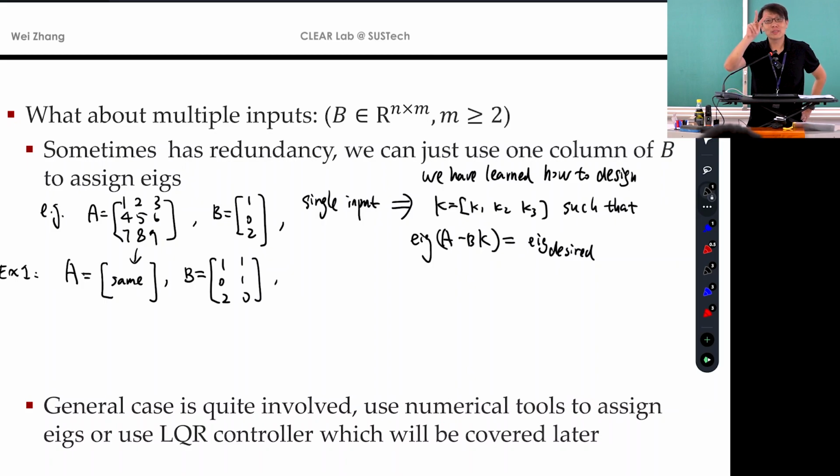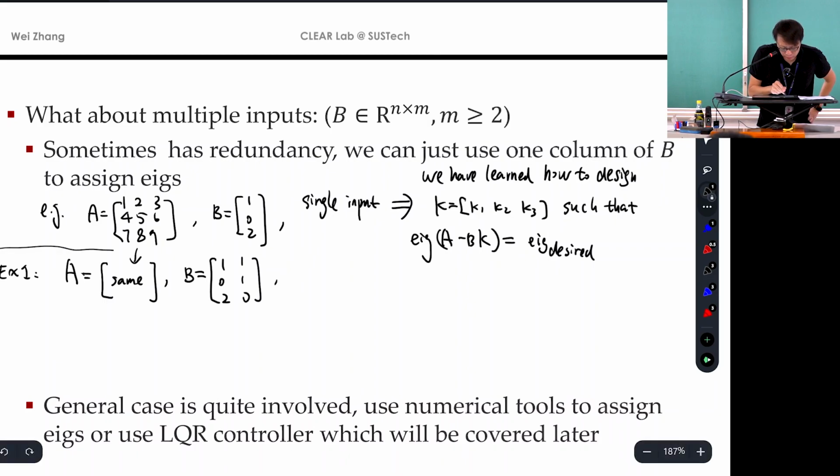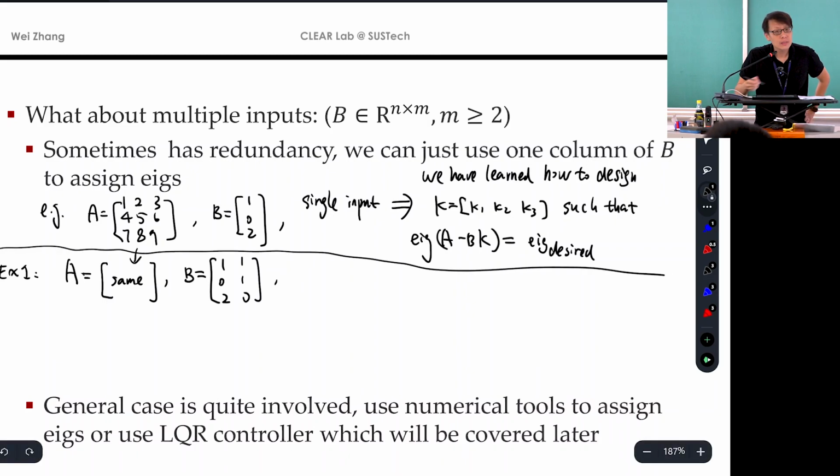You should tell me. 2, okay? But based on what we have found in the one input case, can you tell me a solution? So in other words, we don't know how to design this following our previous steps. This case, we cannot handle, right?